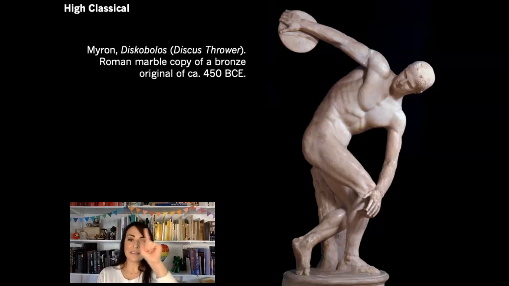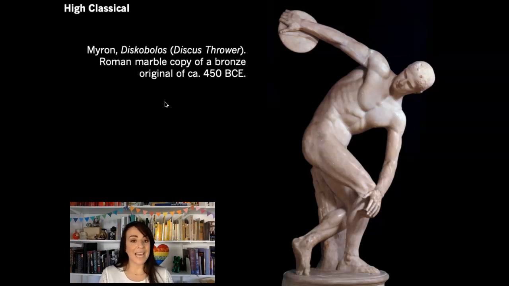Now, the caption I've put here, Roman marble copy of a bronze original. We're going to find that kind of captioning often in this class, because the Romans loved all of this Greek stuff and they wanted copies of it. And so it was not unusual for multiple copies done in marble of the more expensive bronze casted originals. And that's the case here.